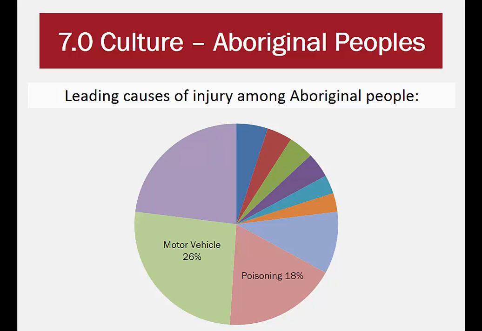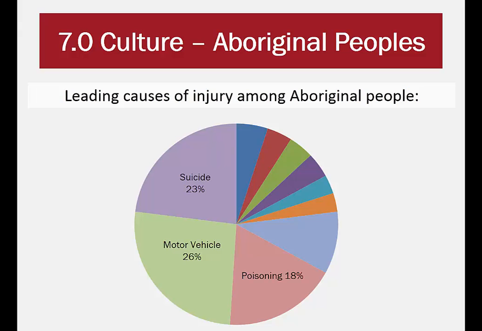Toxic levels of alcohol can lead to death, either directly or by affecting judgment, coordination, balance, and reaction time. In British Columbia, where alcohol level was tested, nearly 90% of all First Nations injury deaths had a blood alcohol concentration of 0.08% or higher.